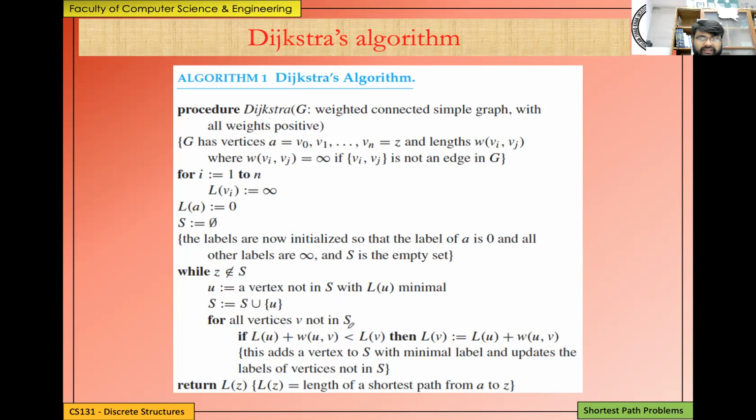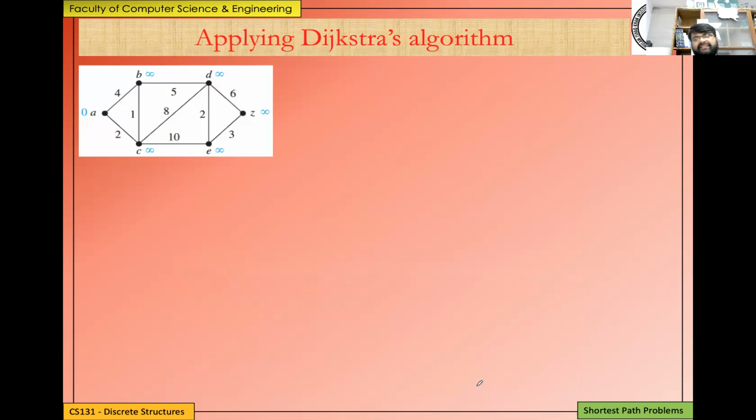For all vertices V not in S, if L(U) plus w(UV) is less than L(V), then L(V) will be updated to L(U) plus w(UV). This adds a vertex to S with minimal label and updates the labels of vertices not in S. Finally, it returns the labeling of Z, where L(Z) is equal to the length of a shortest path from A to Z. We'll see how this works in an example.